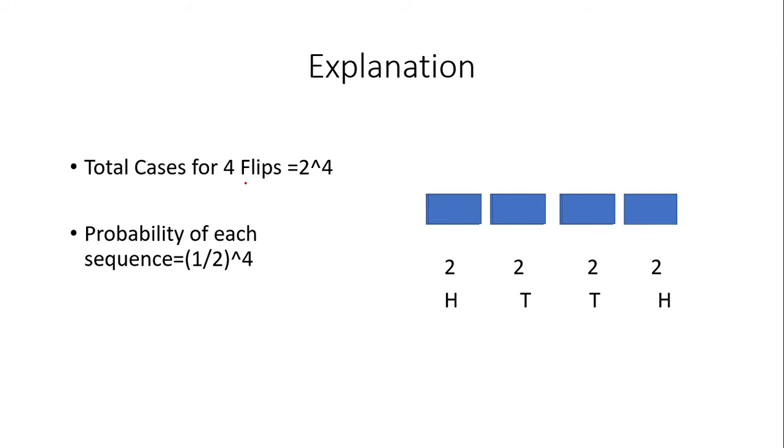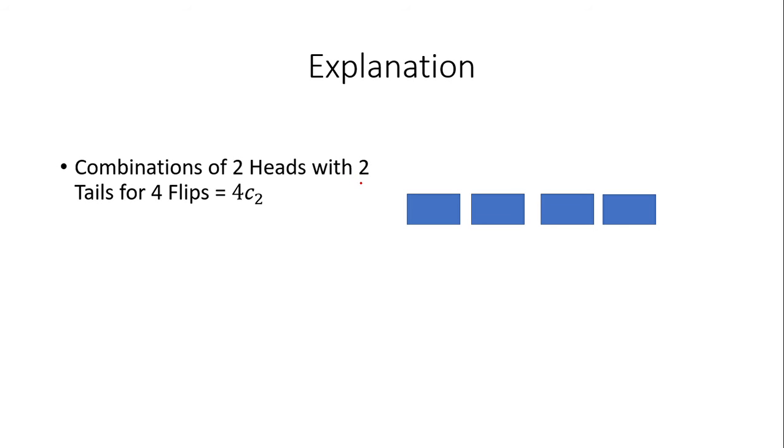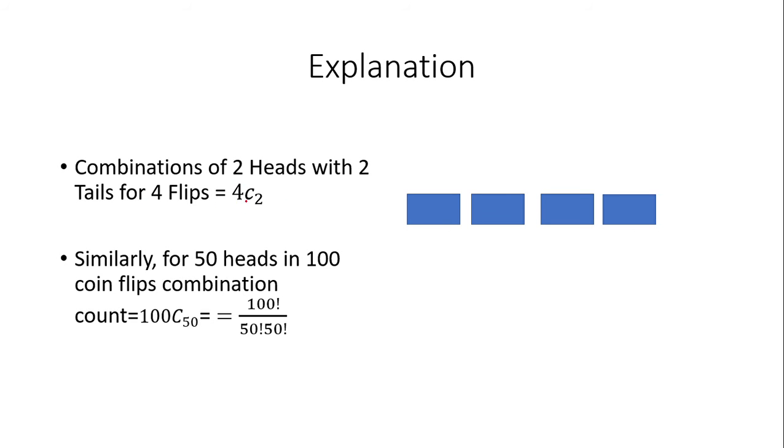Now if we know how many combinations there are, then we can find the probability. Let's think about those combinations. Say we have 4 flips, with 2 heads and 2 tails.